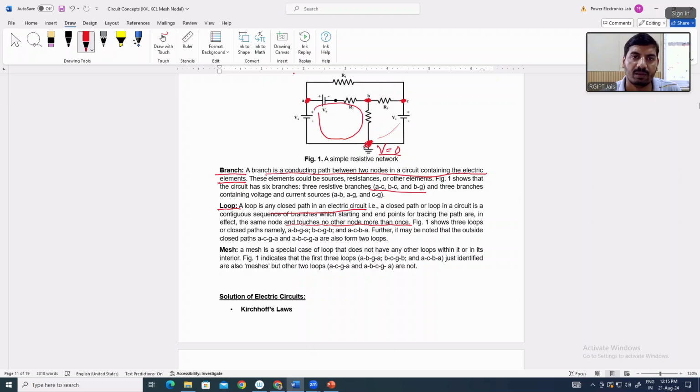Okay, so this is a loop. In this loop, you can see that there are three nodes connected, A, B, and G. So in this loop, it is a closed path, and current can flow in this loop. In this closed path, there are three nodes connected, A, B, and G, and no node is traced more than once.